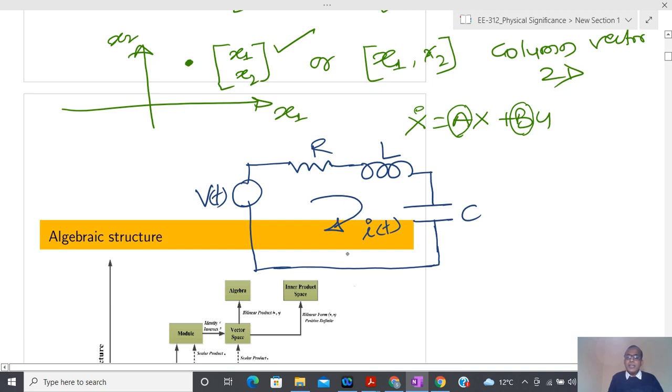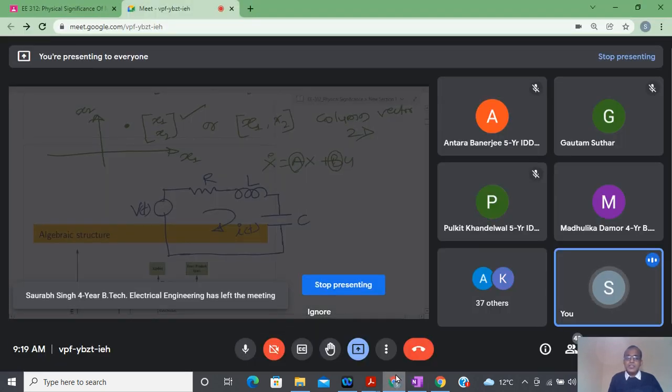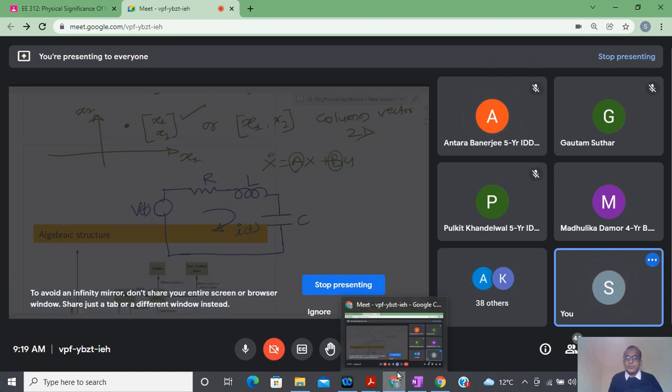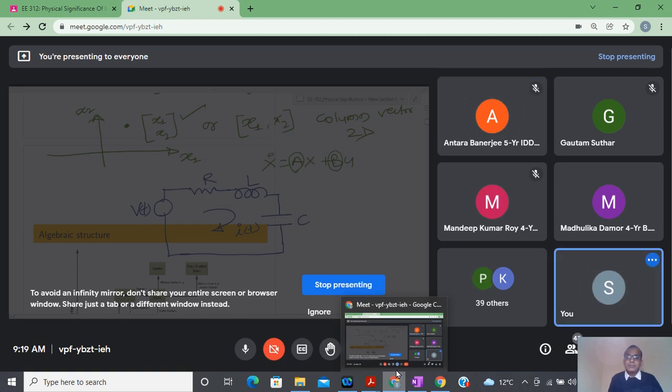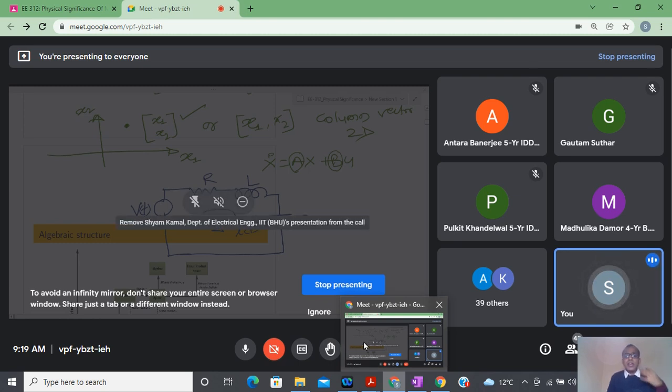How many states are involved in this particular system? Two states. Why? It is a second order system. Physically, could you please justify? You can see here I have only two ways to store energy. A resistor is not going to store any energy; whatever information comes to the resistor, it dissipates. But the capacitor and inductor can both carry the information, maybe in the form of voltage or current, I am not going to discuss that.